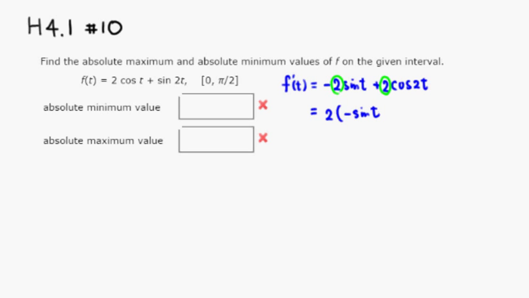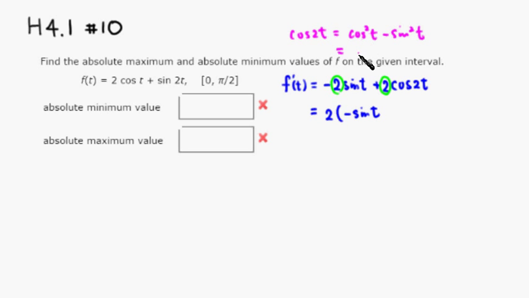So what's cosine of 2t? Cosine of 2t is equal to cosine squared of t minus sine squared of t. So that's one of them. But since it's already written in sine, maybe we should write that version.